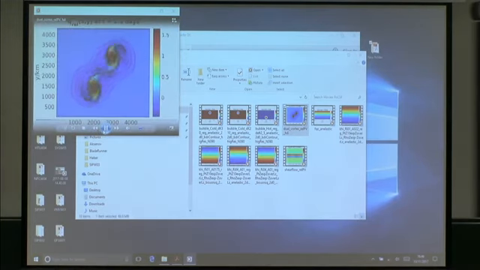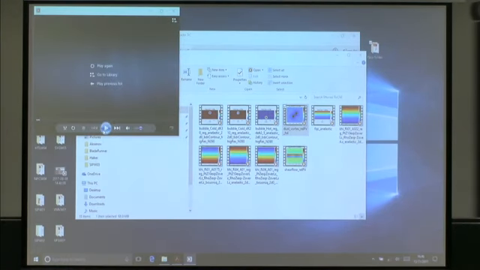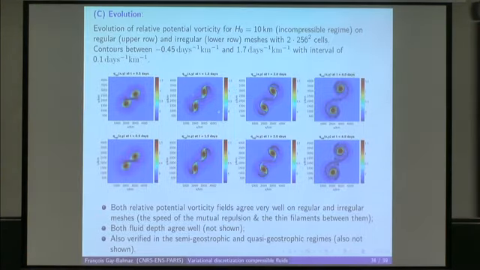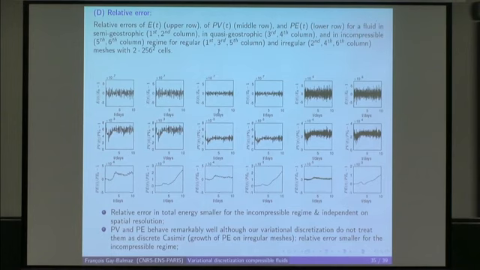It agrees well with the well documented test case for this situation. And we also, of course, examine the energy conservation, so it's doing well, both on regular and irregular grid.